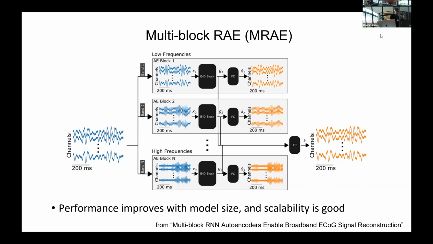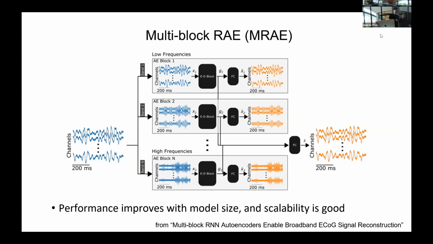So that would be about 500 for each frequency band. And the performance did improve between having a single block that was 500 and then having 3 blocks that were each 500. I don't know if that was considered good enough. I think we would need to have more blocks. Okay, thank you.